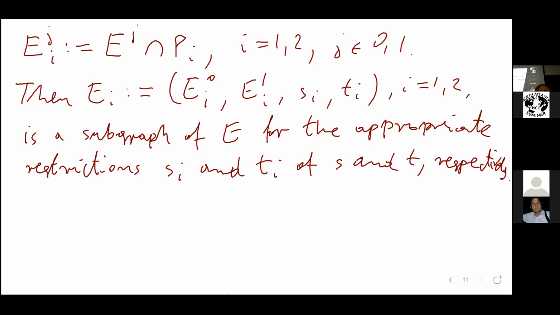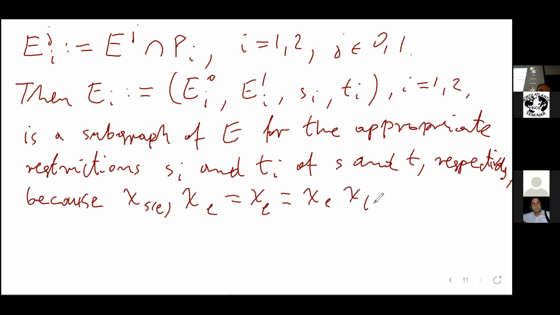Well, and this is not obvious, but I have an argument here, and let me understand my own argument, because chi_{S(E)} chi_E equals chi_E equals chi_E chi_{T(E)}.